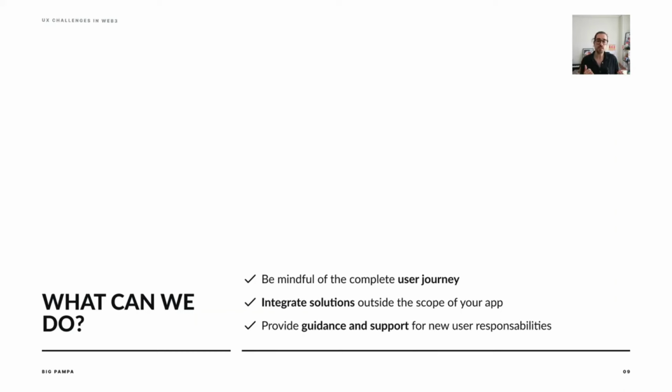Or if your users are part of the governance of your app, maybe instead of communicating upcoming votes only on your Discord channel, try to notify them in app and even let them vote in your own app. Basically, try to think about these new roles that the user is having and integrate them into your product seamlessly.